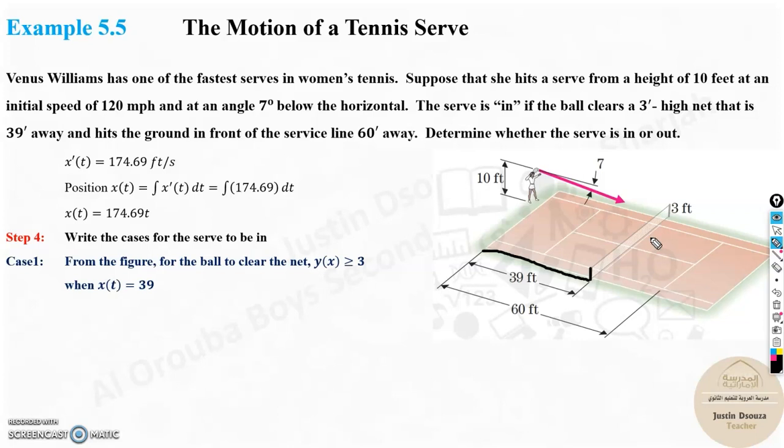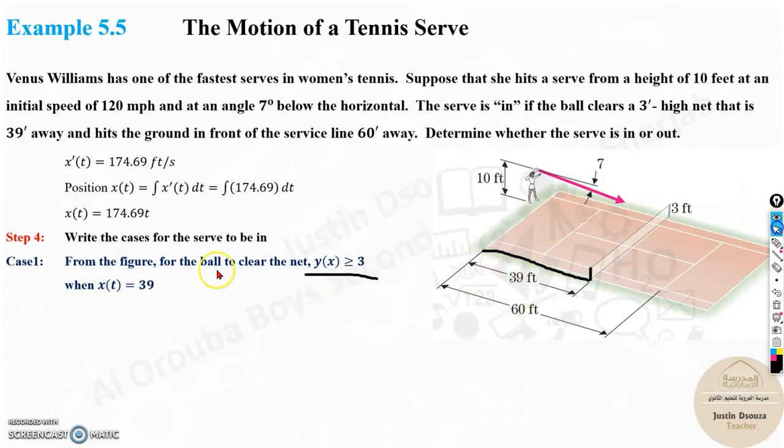Because if it is less than 3 feet, if it's 2.9, it will fall inside, right? It must be more. So how do we do it? So over here, from the figure, for the ball to clear the net, the vertical position, that is y of x, must be greater than or equal to 3 when the horizontal position is exactly equal to 39.